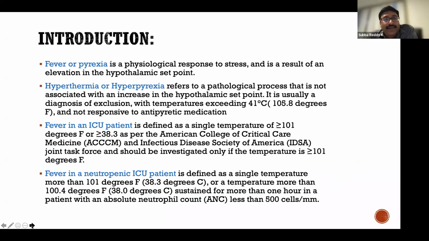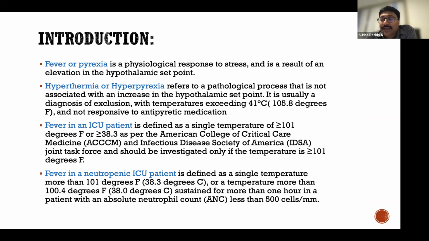Fever, or pyrexia, is a physiological response to stress and is a result of an elevation in the hypothalamic set point. Hyperthermia and hyperpyrexia are different from fever. This refers to a pathological process that is not associated with an increase in the hypothalamic set point. It is usually a diagnosis of exclusion, with temperatures exceeding 41 degrees centigrade.